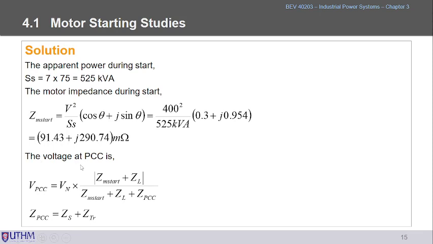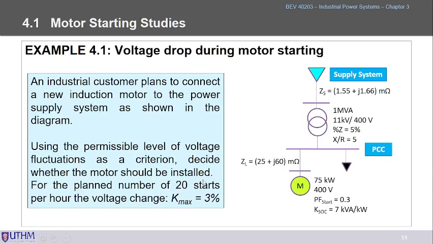And what about the voltage at the PCC? The voltage at the PCC is the ratio of impedances. The impedance of the motor plus the line, so from this point up to the motor, that means we have ZL plus Zm start.